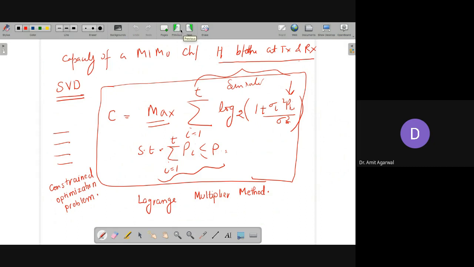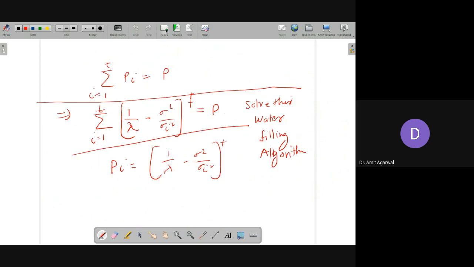Each SISO parallel channel has a capacity of log 1 plus sigma square I by pi by sigma square. What is the total sum capacity of this system? If you maximize the total sum rate of the system, it is called capacity, under this constraint. So this is the main summary of this lecture.